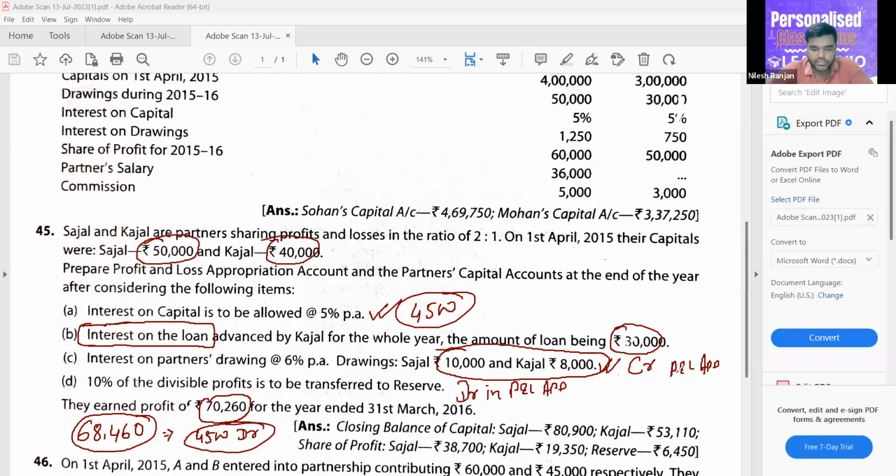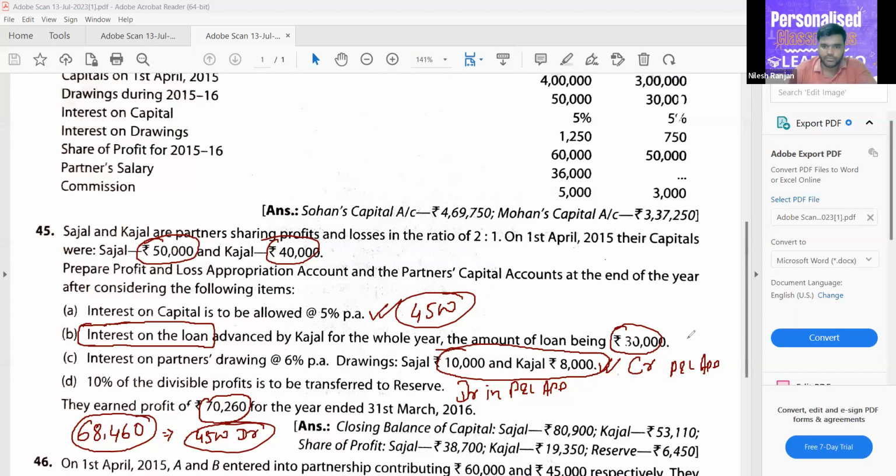So let me check it. 68,460 minus 4,500, and plus 6%, it is 300 and 240.